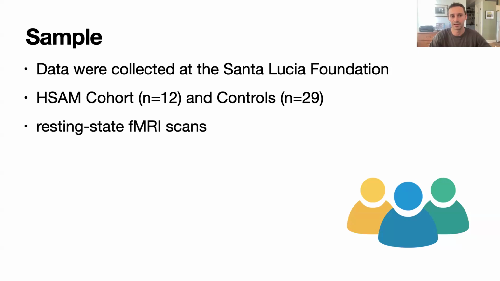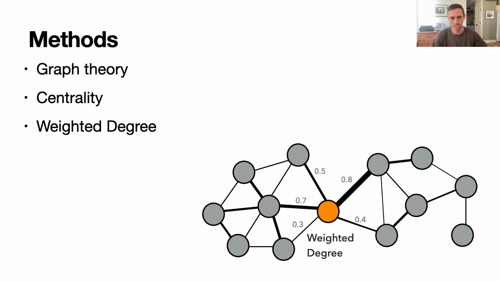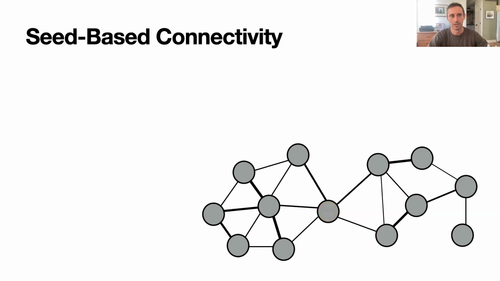And they all had resting state fMRI scans, which we then used to look at weighted degree connectivity. Just as we did before, we looked at whole brain weighted degree as our primary analysis. And then we additionally looked at seed-based connectivity.